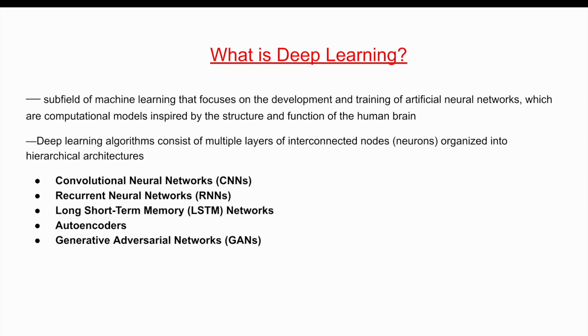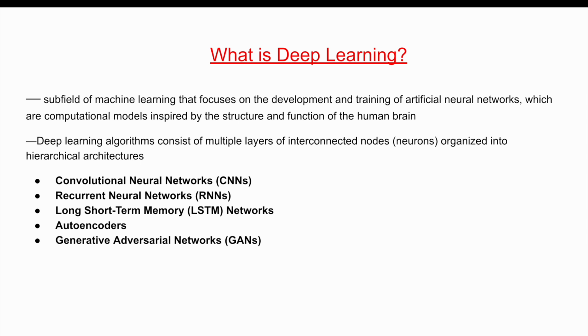Essentially, deep learning is a subfield of machine learning that focuses on the development and training of artificial neural networks, which are computational models inspired by the structure and function of the human brain.